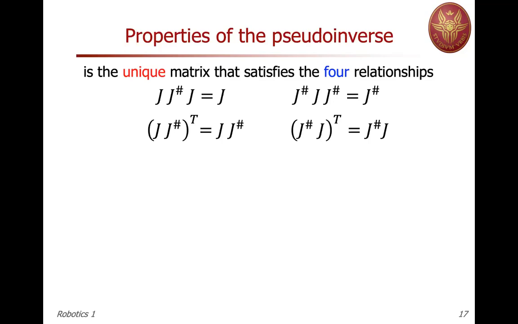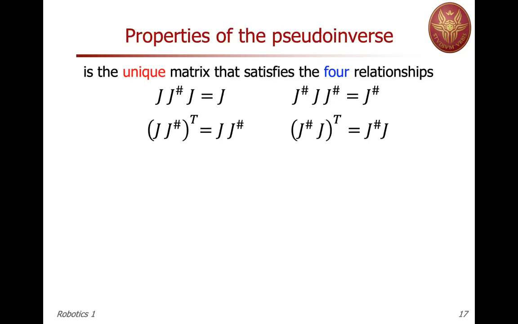If I give you a matrix J, and then I give you another matrix saying this is the pseudo-inverse of J, and you don't believe me, then you should check if these four equations are satisfied. If they are satisfied, then this is the pseudo-inverse, because the pseudo-inverse is the unique solution to that. Okay?